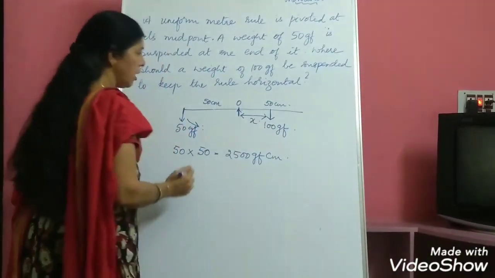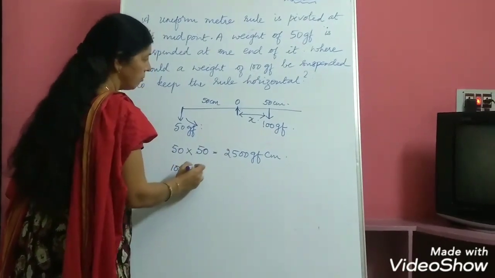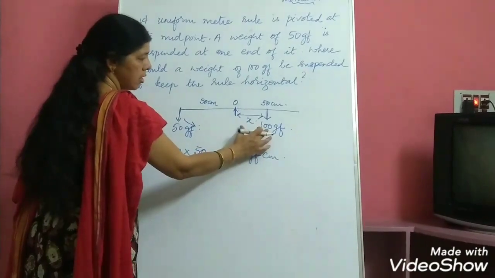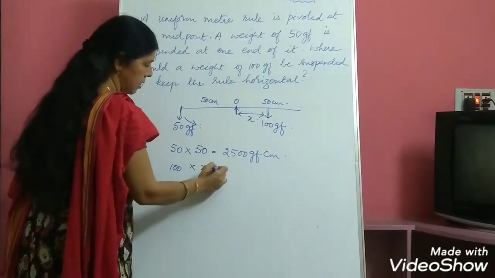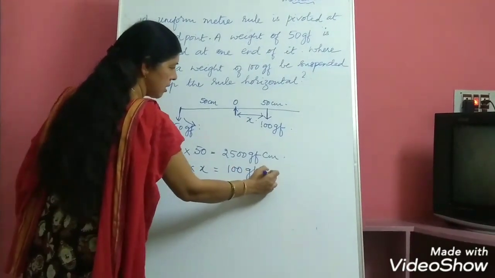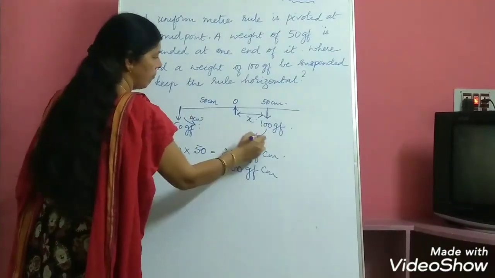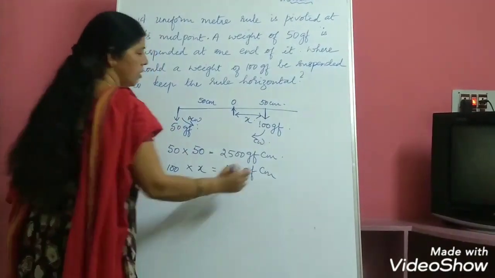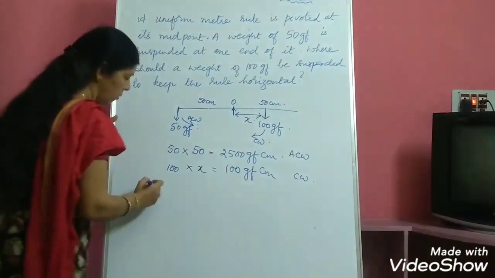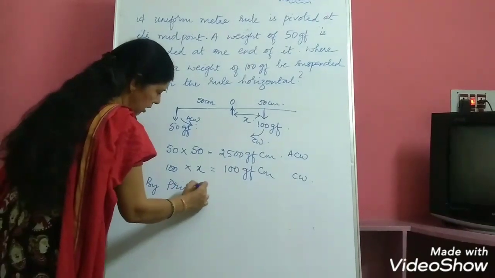Now, this side if you take, it is again 100 gram force multiplied by, we don't know at what distance it should be hung. Yes, this will be equal to 100 x gram force centimeter, and it is clockwise. So this is anti-clockwise and this is clockwise. Now, by principle of moments, what we have learned?